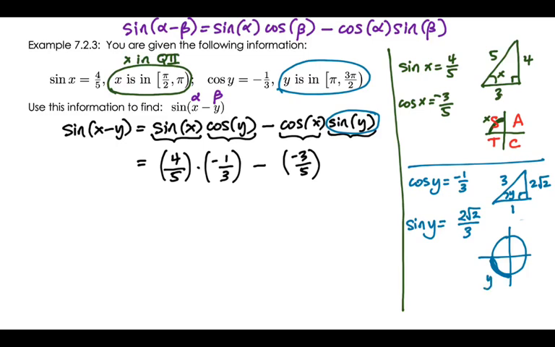And again, we care because in quadrant 3, only tangent is positive. So when I'm finding sine, again, this one has to be negative. So when I go back up to my formula here, sine y has to be negative 2 root 2 over 3.